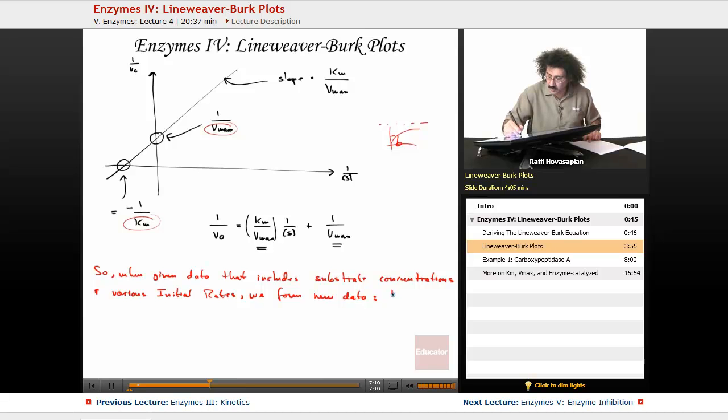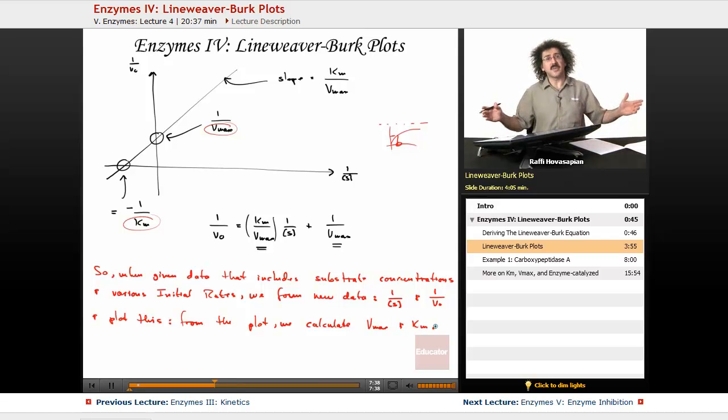And the new data we form is 1 over those substrate concentrations and 1 over the initial rates. And plot this. From the plot, we calculate Vmax and Km.